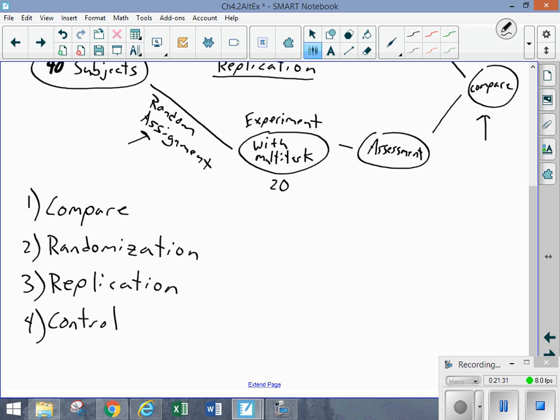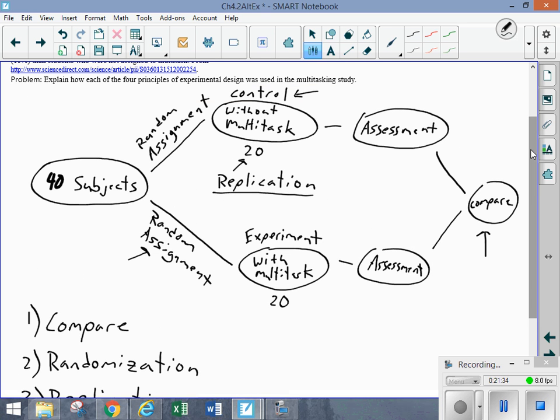If you do a flowchart like this that includes random assignment, a large enough sample size, or a large enough group, and then you've assigned them to a control and an experiment, and at the end, you found some way to compare the 2 groups, then you've done all of this. You can write it out in a paragraph, but if you do this on your AP exam, the grader is going to like it. It's easier to look at and understand.